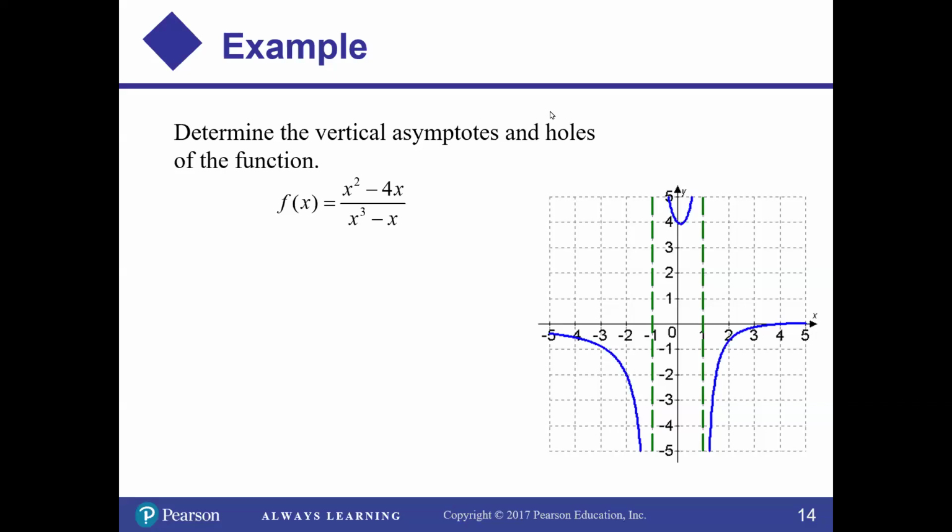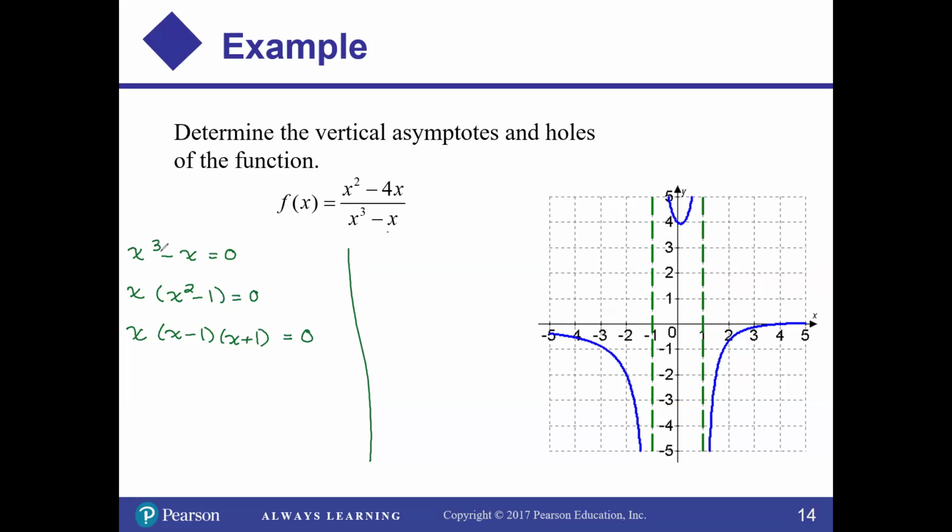Here we have f of x equals x squared minus 4x over x cubed minus x. You see the graph here, there's something missing from this graph, which we're going to point out in a minute. If I take the denominator and look for my zeros, I can factor this: x squared minus 1 equals 0, x minus 1 times x plus 1, because we have a difference of squares.